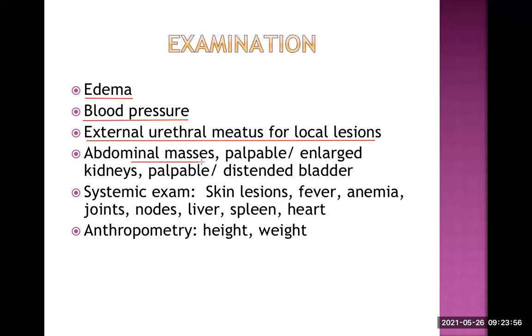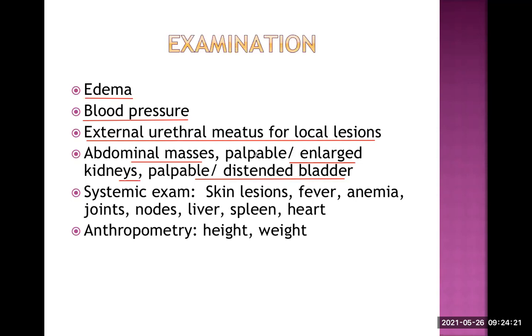Palpate for abdominal mass. Palpate for a palpable or enlarged kidney, or a palpable or distended urinary bladder. Abdominal masses are present in tumors like Wilms tumor, and a palpable or enlarged kidney is present in hydronephrosis or even again in tumor.